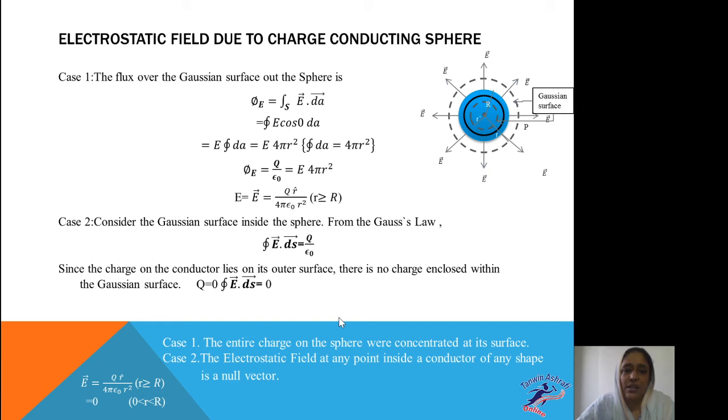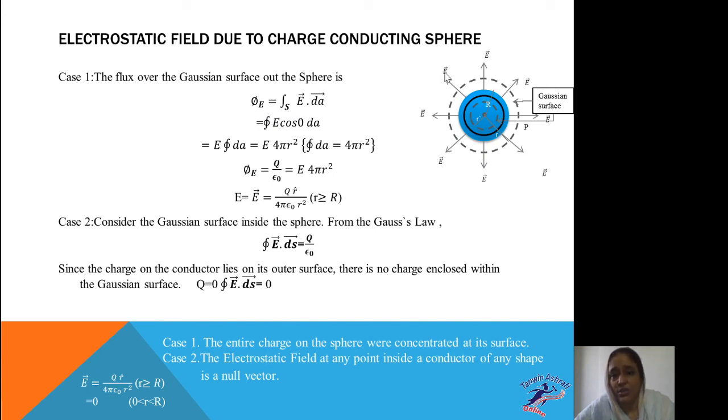Now, the electrostatic field due to a charged conducting sphere. This is the charged conducting sphere. We will draw a Gaussian surface on it. Case 1: the flux over the Gaussian surface where the Gaussian surface radius r is greater than capital R. Now flux is equal to the integration over the surface of E dot dA.